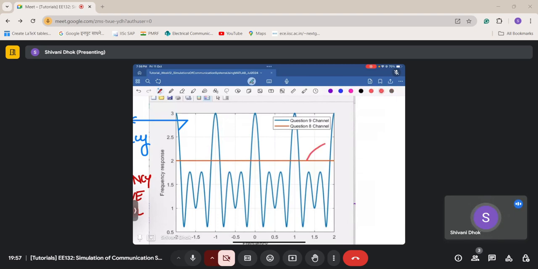This particular line is constant with respect to your frequency, which means that this is frequency flat channel.